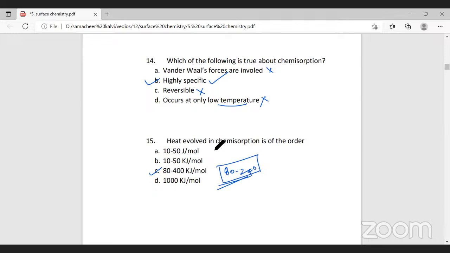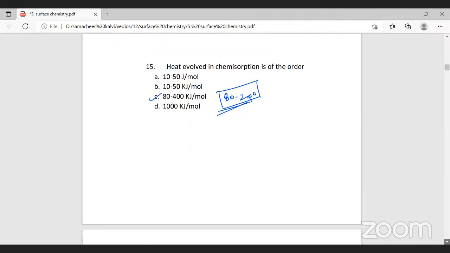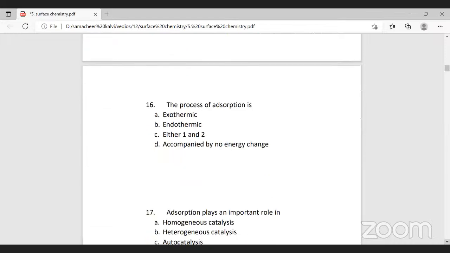Hence, the answer for this question is option C. The process of adsorption is exothermic, endothermic, either exothermic or endothermic, accompanied by no energy change. All process of adsorption, whether it's physical or chemical adsorption, it is an exothermic process. Hence, the answer is option A.